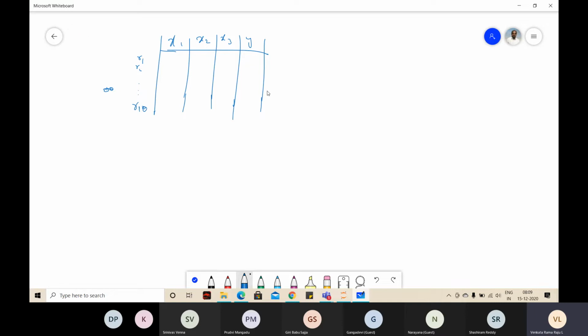If you pass this to the linear regression algorithm, what is its hypothesis function? It is theta 0 plus theta 1 x1 plus theta 2 x2 plus theta 3 x3 is equal to y. Here, for theta 0, x0 will come. X0 is always 1 for every row. That is called the bias term.